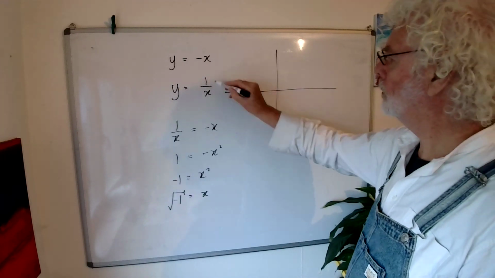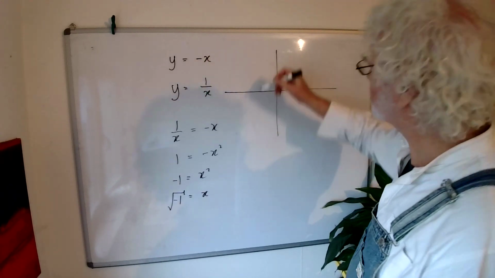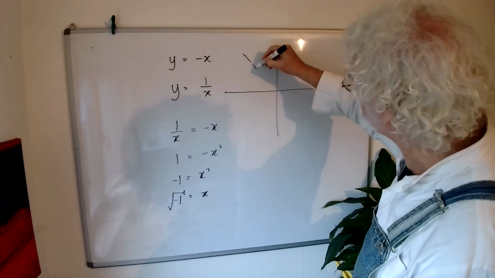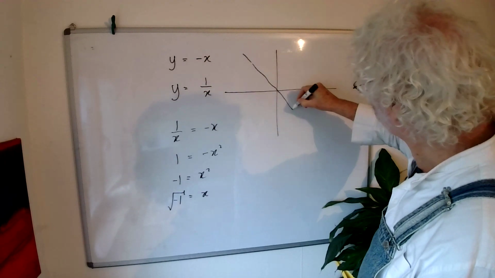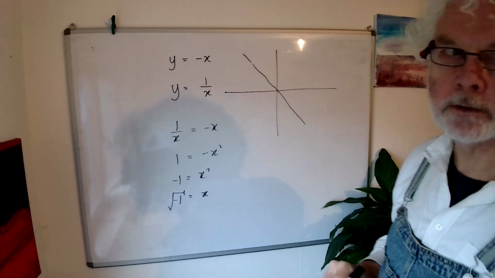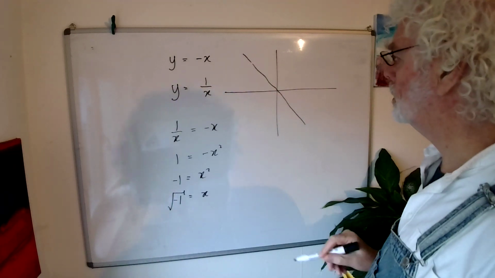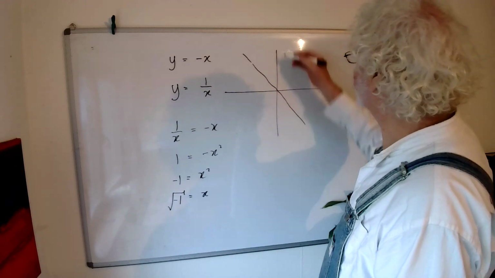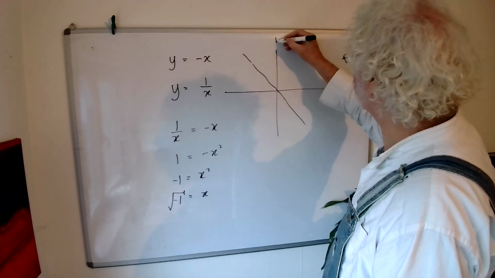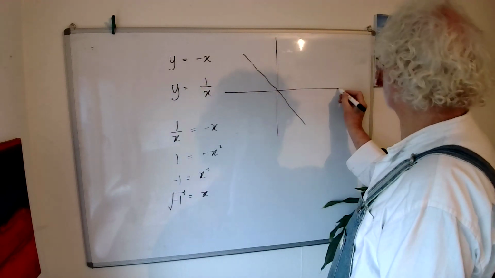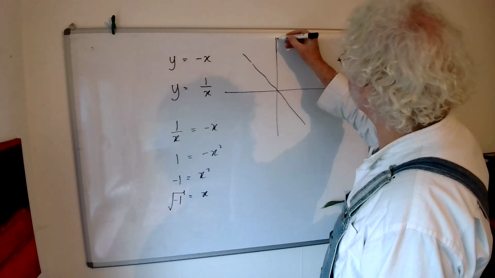So y equals minus x, that's this line here going through 0 at that angle. 1 over x happens to be this funny thing.